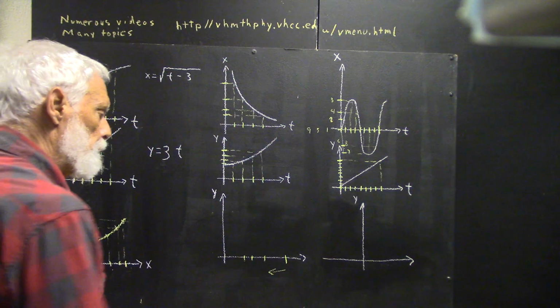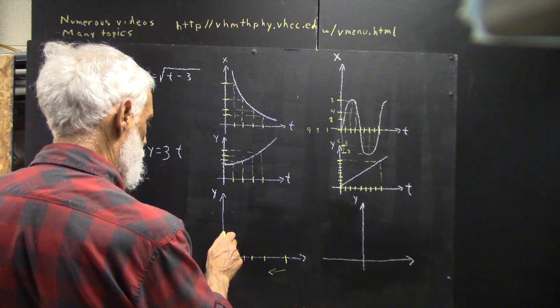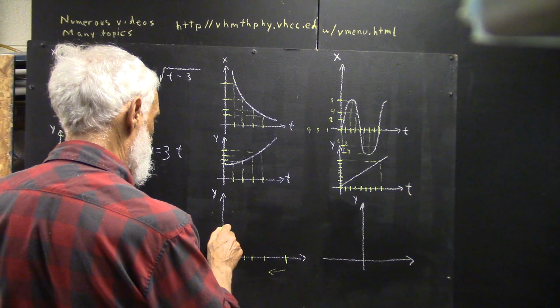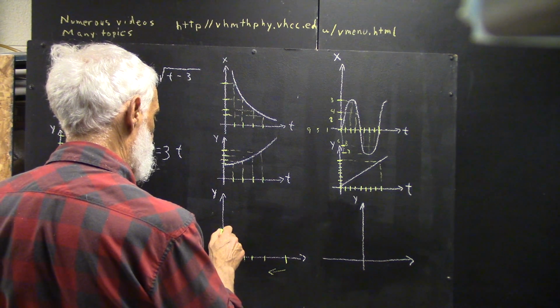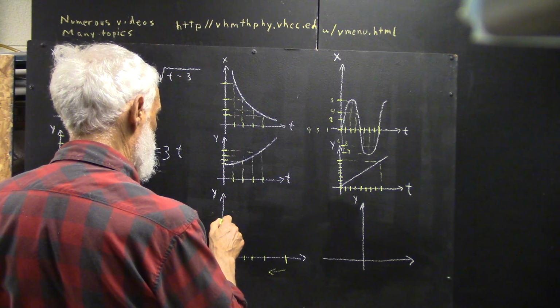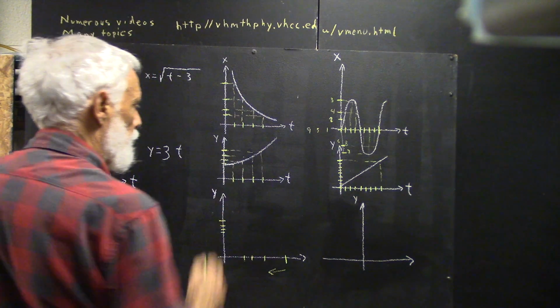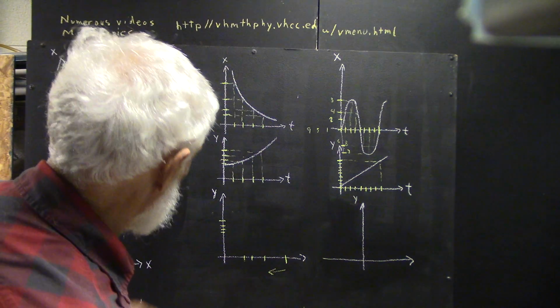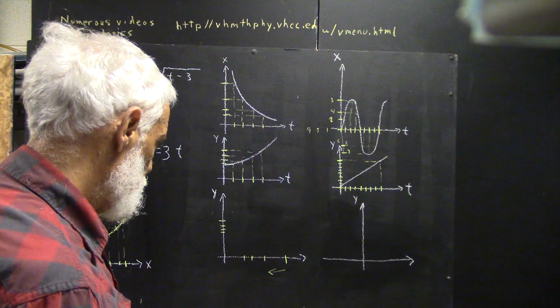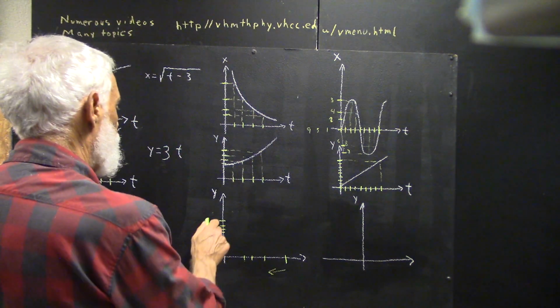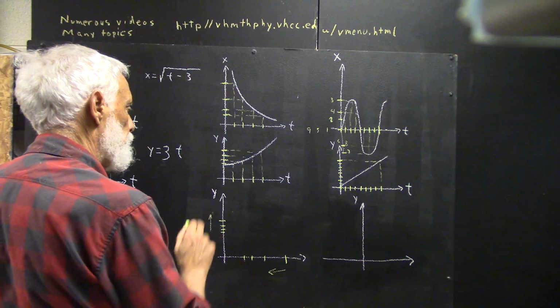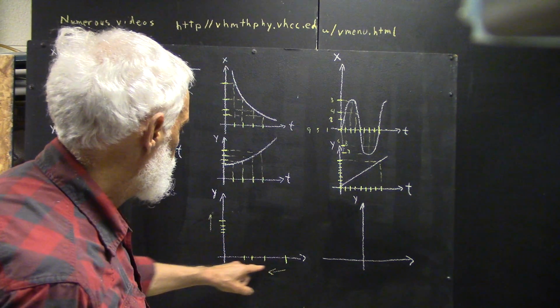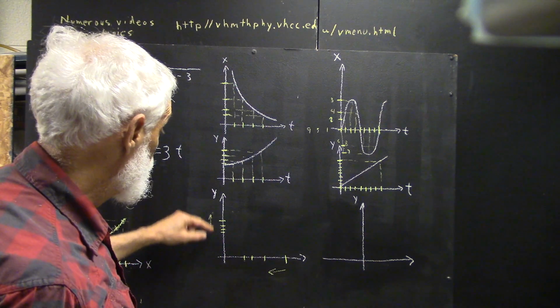Okay, the y values, well, they're pretty close together. And I'm not sure I did a really good job up here. They will be getting further apart because of this concavity. So I've got them drawn a little more accurately here. And the y values go this way as t increases. So for increasing t, the x values are now decreasing, the y values are increasing.